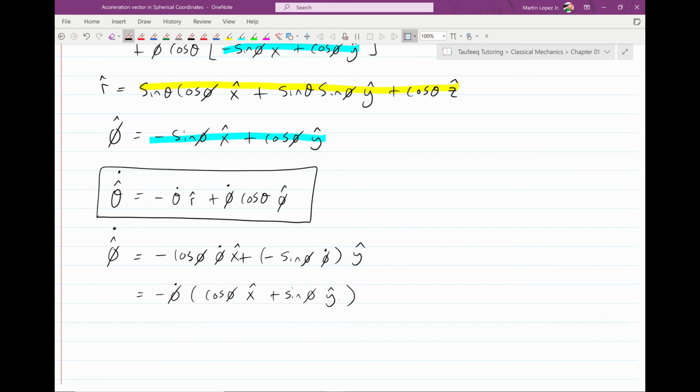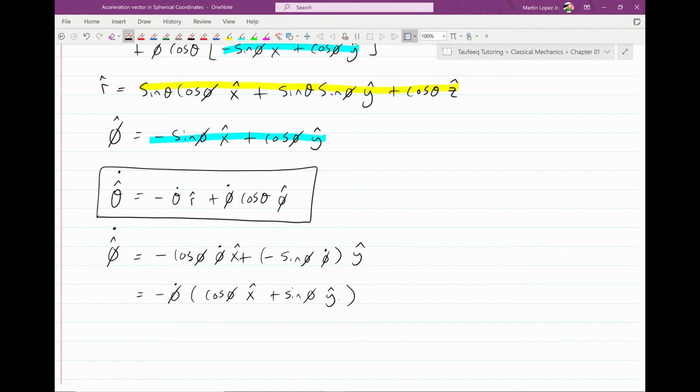Alright, very good. Now this is where the trick comes in. We have phi hat and r hat up there, and we know that theta hat is also three terms. It has a z. So if this was going to be anything, we would be able to simplify the expression in the parentheses to be phi hat or something, but it's not phi hat. It actually looks like the polar r hat.